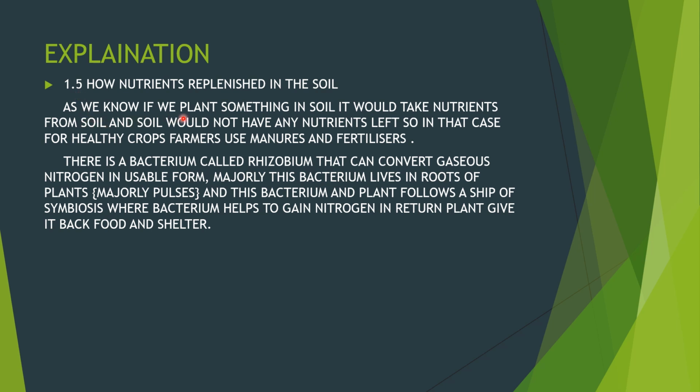Explanation 1.5. How nutrients are replenished in the soil. As we know, if we plant something in soil, it would take nutrients from the soil, and the soil would not have any nutrient left. So for healthy crops, farmers use manures and fertilizers. If there is a big field and we are planting many seeds of one kind, the soil would need many nutrients.